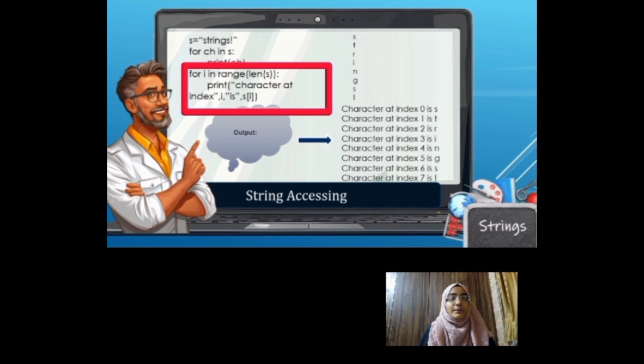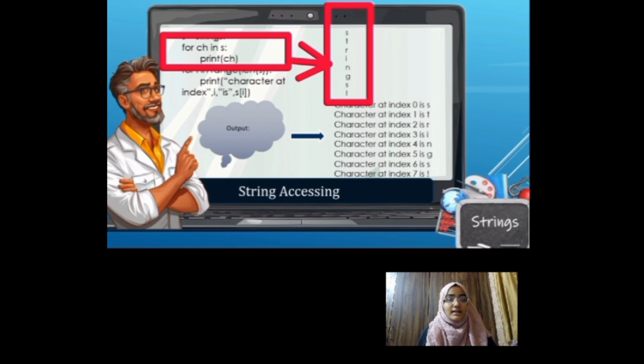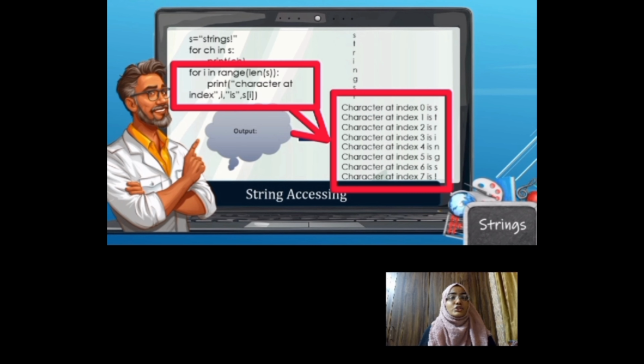Here i represents the current index and s[i] in the print statement accesses the character at index i in the string. For each index, it prints the index and the corresponding character in the string. In short, by looking at the output, we can understand that the first loop prints each character of the string on a new line and the second loop prints each character along with its index.